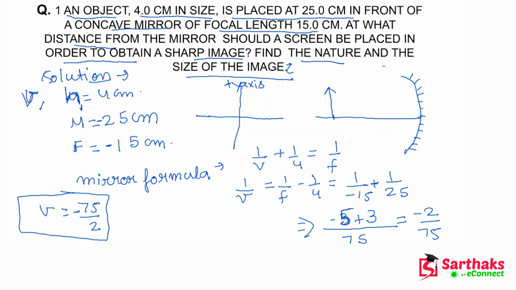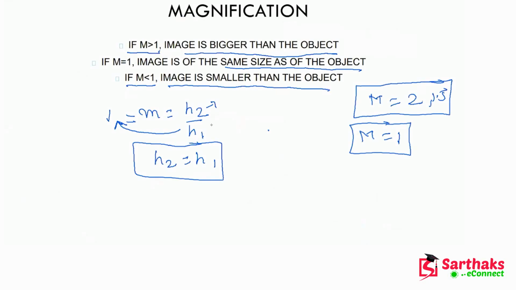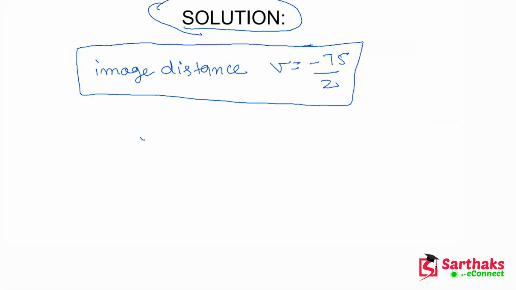Now we also have to calculate the nature and the size of the image. To find out the nature and the size of the image, we have to calculate m. So how can we calculate m? We have a formula, minus v upon u, where v is the image distance, which we have, and u is the object distance, which we also already know.